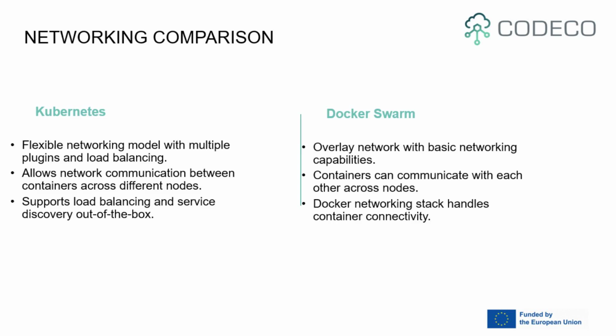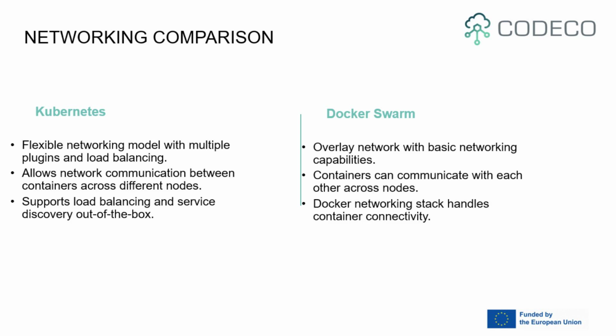Networking comparison. Kubernetes. Kubernetes offers a highly flexible networking model, allowing network communication between containers across different nodes. It provides a range of networking plugins such as Flannel and Calico to implement container networking. Additionally, Kubernetes supports load balancing and service discovery out of the box.